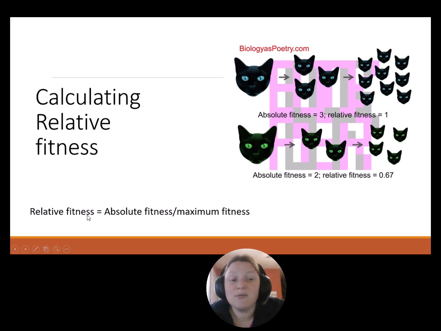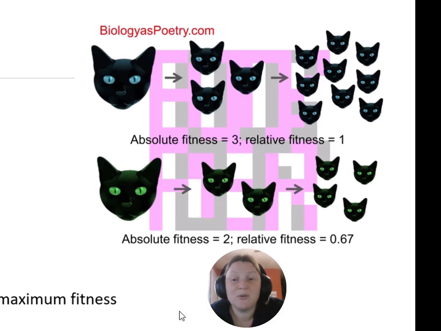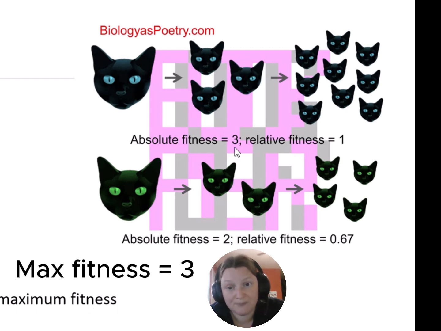Our relative fitness is calculated using the absolute fitness divided by the maximum fitness. So we're going to look at our different alleles. In this case we have these black cats. Some have blue eyes and some have green eyes. Those are our alleles. The blue-eyed individual has an absolute fitness of 3. The green eyes have an absolute fitness of 2. So our maximum fitness in this population is 3.